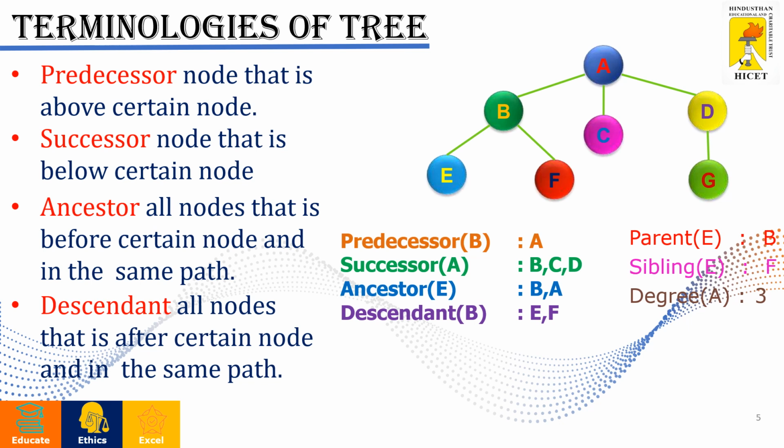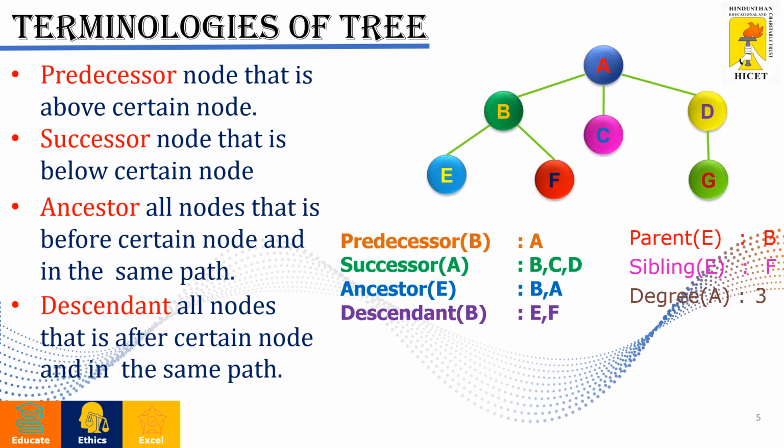If you want to know the ancestors of G, then you have to tell all the nodes above it till the root. So all the nodes above G are D and A. So the ancestors of G are D and A. Okay, then descendants.